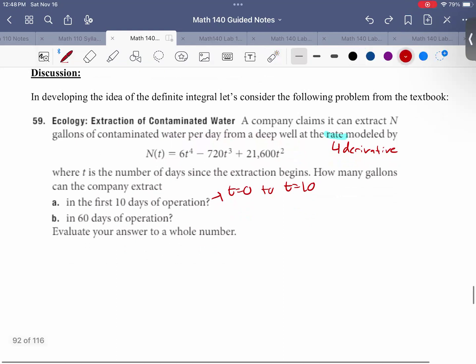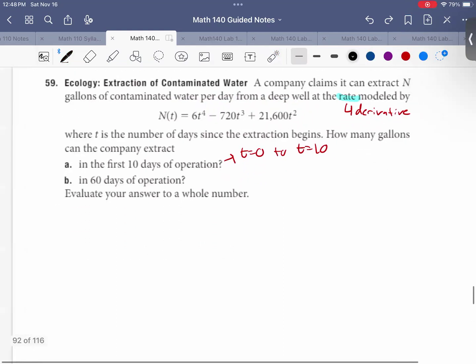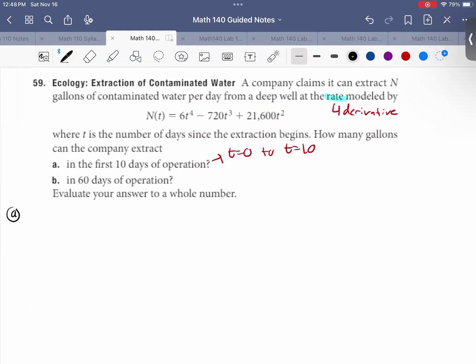For letter A, I need to integrate from t equals 0 to t equals 10.